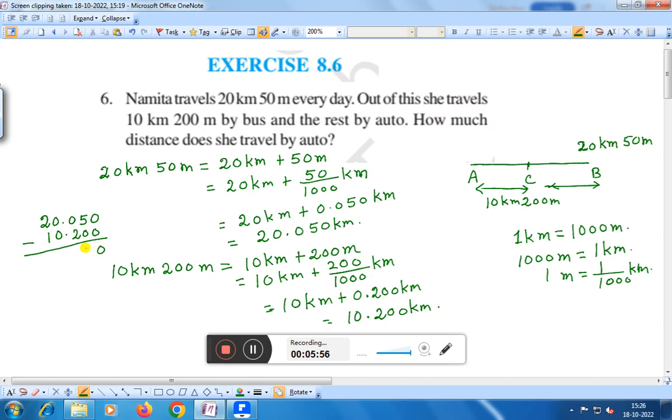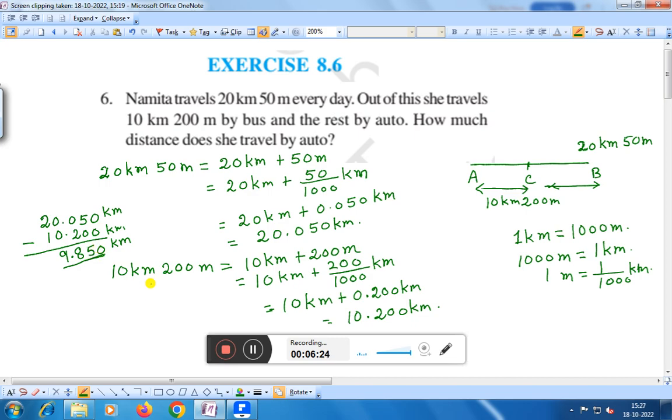You see, this is 0, this is 5, here it is 8, carry 1, 9, carry 1, 2, 9.850 kilometer. This is kilometer, this is kilometer. The answer is also kilometer. This is the answer, 9.850 kilometer.